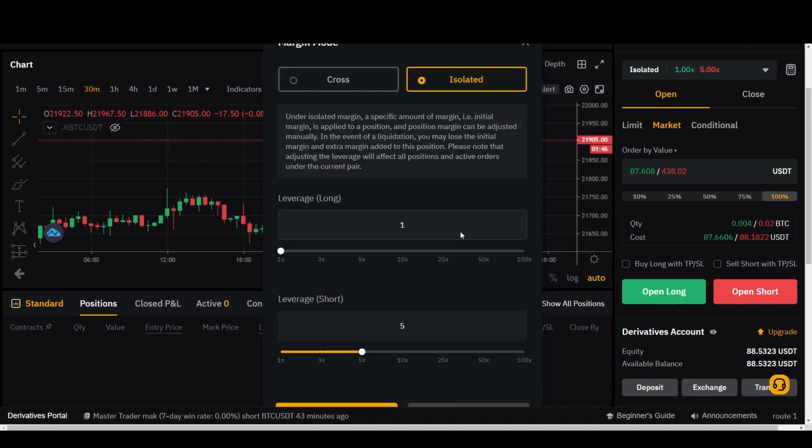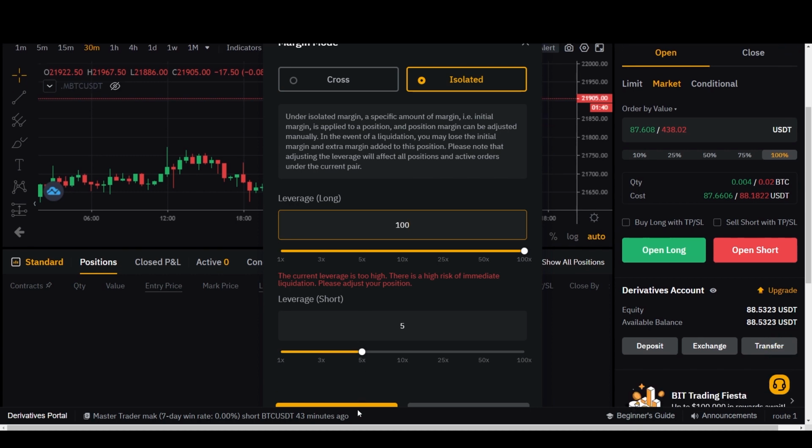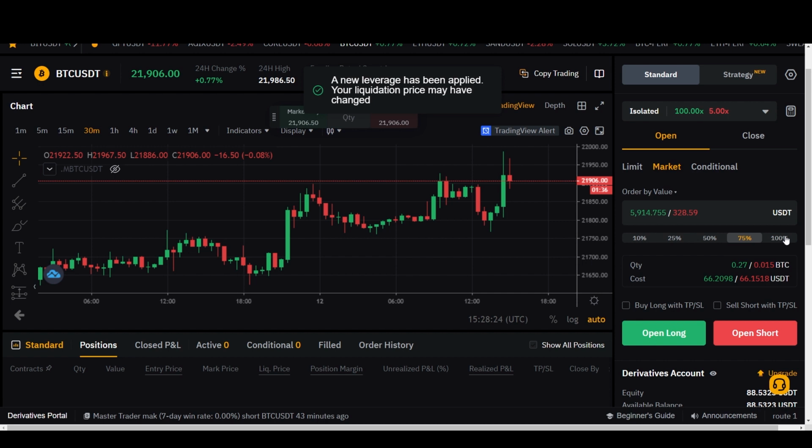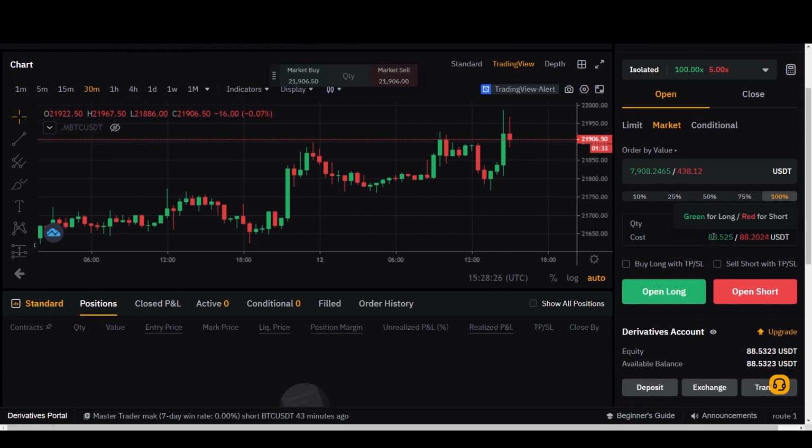So if I go to 100x leverage, and I go to 100, the most I can do is this. But I think it's also... I feel like it's got to be factoring in fees and stuff.